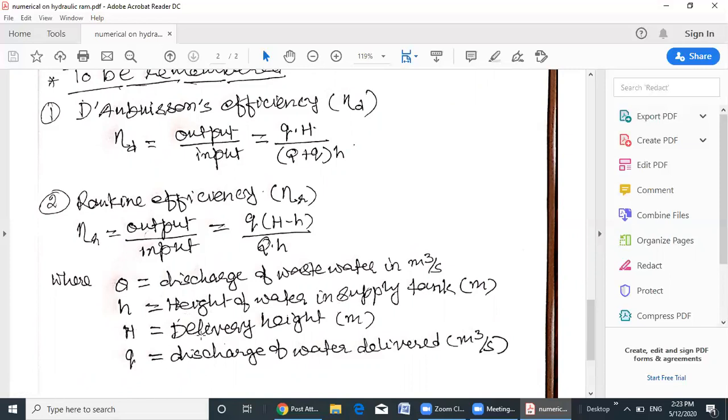Capital H is the delivery height, that is the height where the water is being supplied. Small q is the discharge of water delivered, the amount of water which is delivered or supplied at the height of capital H.